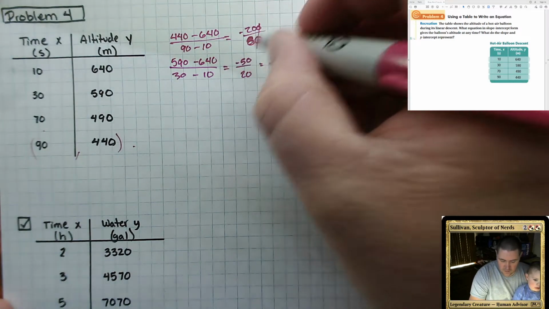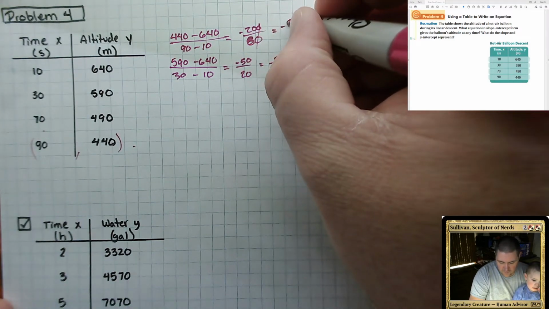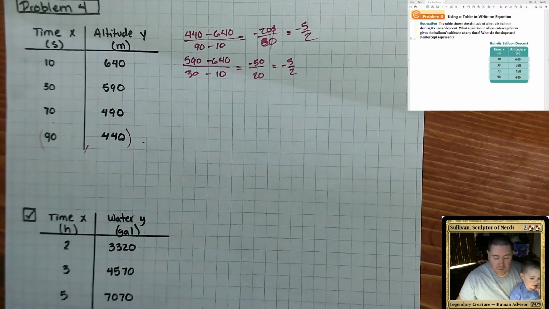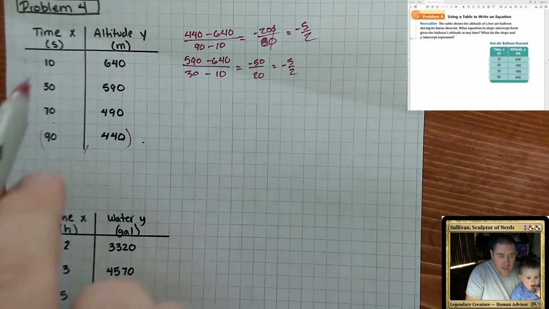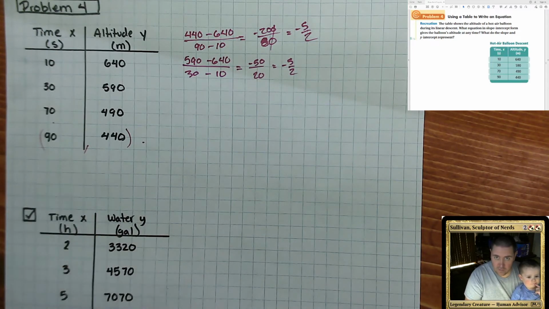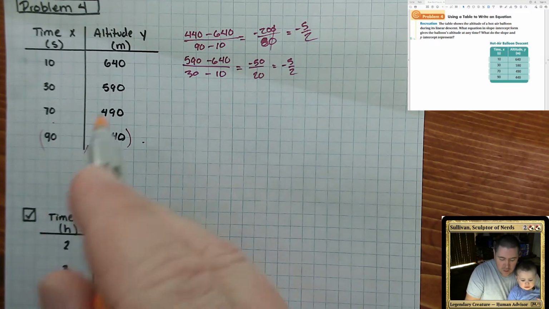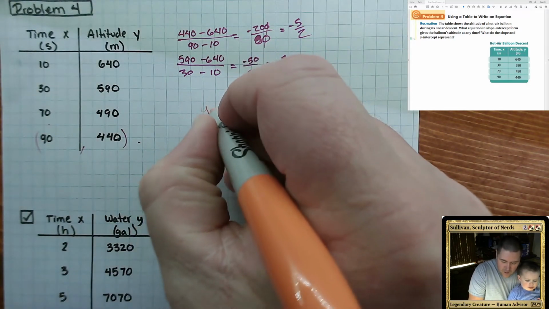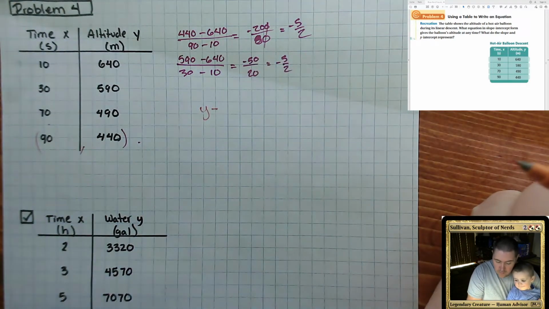Reduce it down, negative 20 over 8 is again negative 5/2. So our word problems: do the same thing you already did. Pick any two coordinates from the table that you want, and make your slope. Once you make your slope, you pick whichever coordinates you want and say y minus y1.